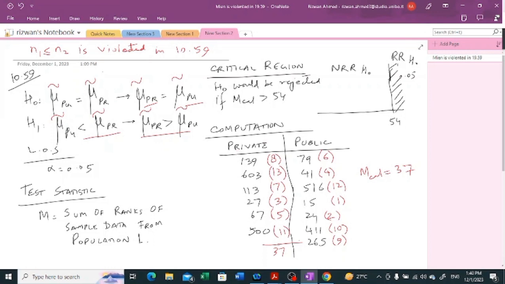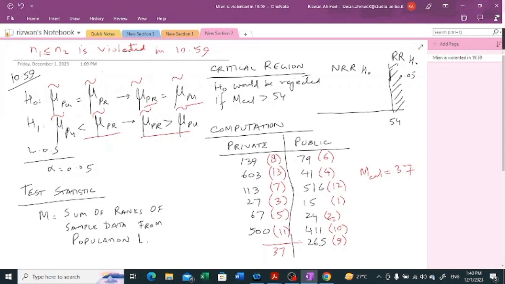Now we start copying the data that I have copied already for you, and then we start giving ranks to these two data sets, private colleges and universities and public colleges and universities. Starting with the least number, 15 is the least value, so we assign first rank to it.